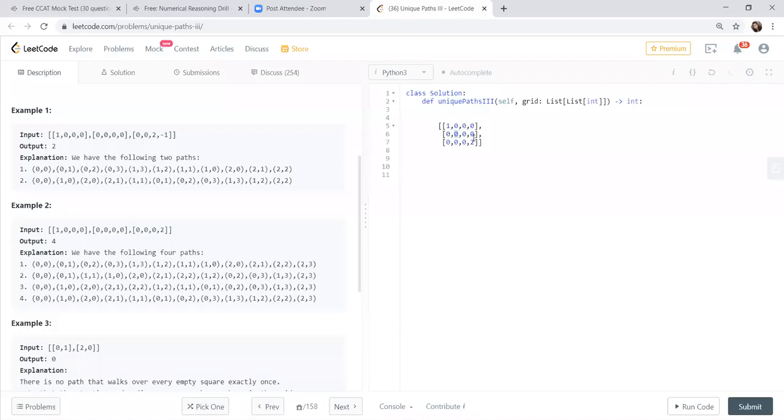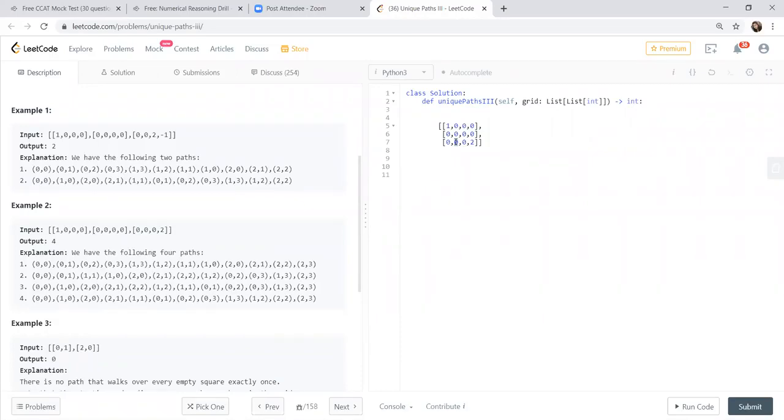Now we will backtrack, and while we are backtracking, we will mark all of these zeros as unvisited again, till over here. We are done with this path, and then we will choose, let's say, the bottom one, and again do the DFS.